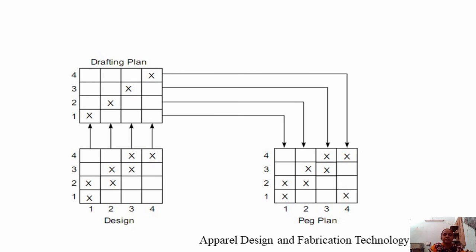See the point paper design. This is the design 2 into 2. Here the interlacement order is 2 into 2. Drafting plan 2 into 2, for which you require 4 harnesses. Then here also you need 4.